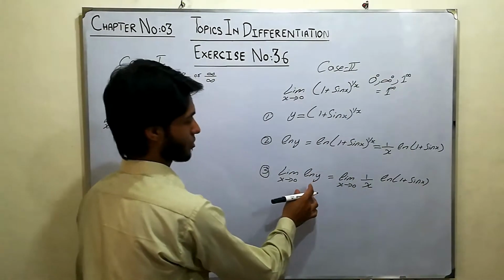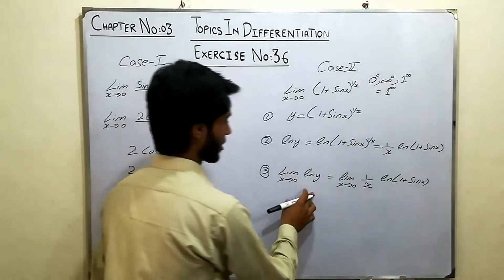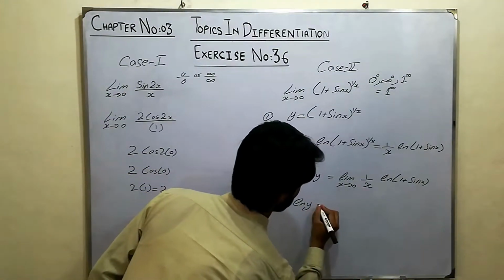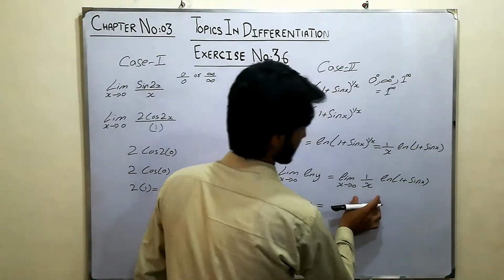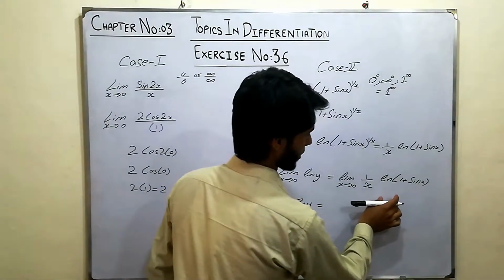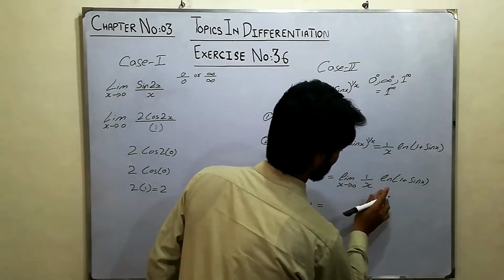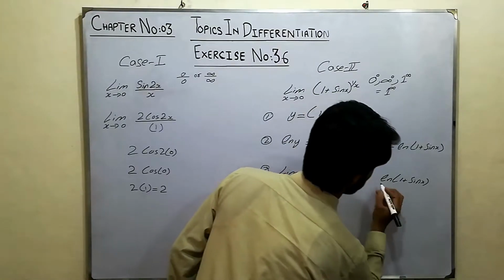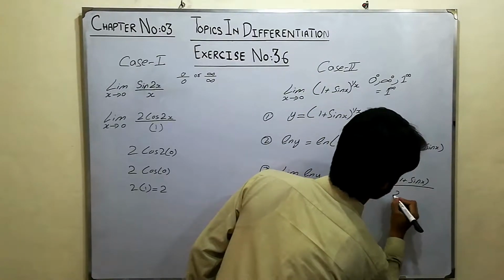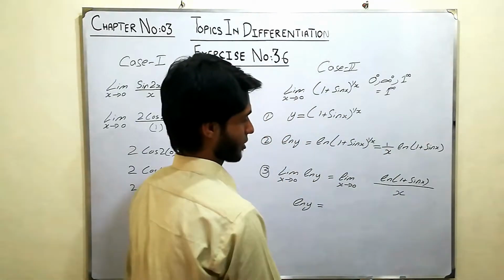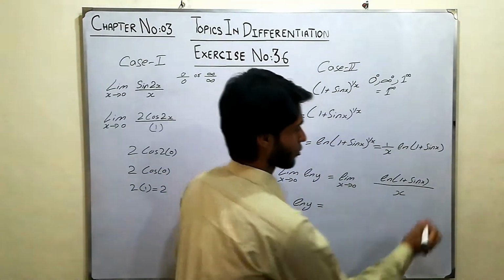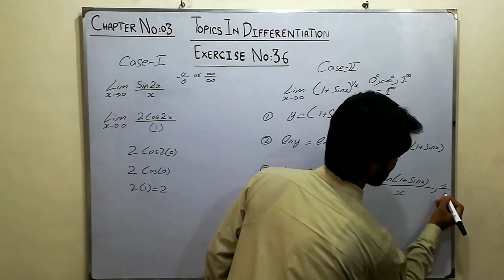Now ln y is a constant, so the limit can't apply to it, so we keep ln y as it is. For this function we take it as ln (1 plus sin x) divided by x. Now if we put the limit in that function, we have the form of 0 by 0.